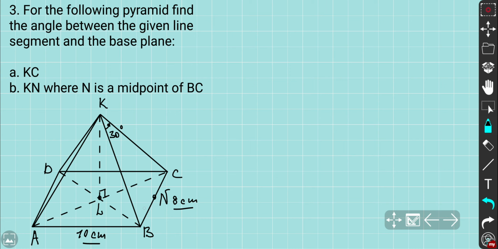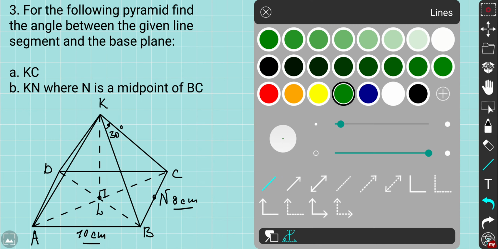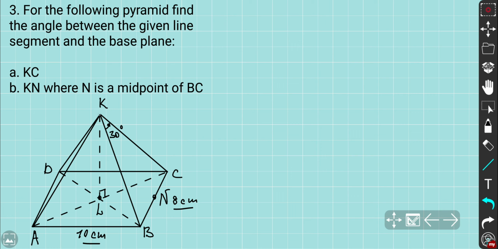First, let's figure out the angle between KC and the base plane. One more time, I want to remind you of the idea of the angle between the base and an inclined segment. If the line segment is marked as red and you shine the light vertically on it, it will cast a shadow.